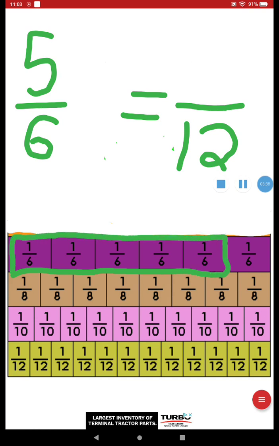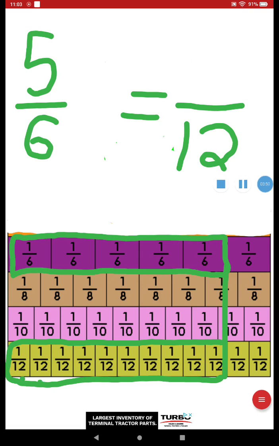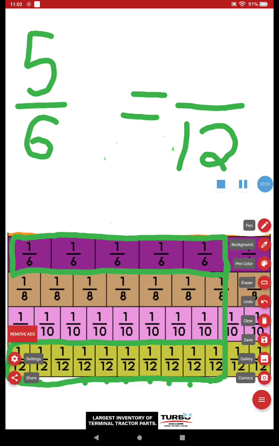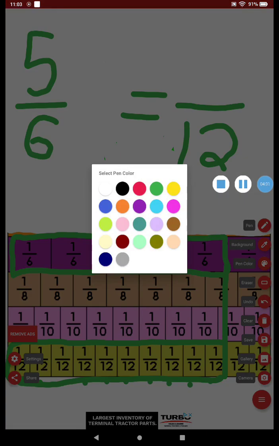Okay, now let's take our straight edge and go straight down. How many 12ths is that? Well, let's circle them. And now let's count them up. 1, 2, 3, 4, 5, 6, 7, 8, 9, 10. 10/12.